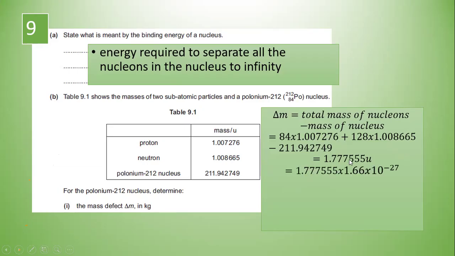This is one atomic mass unit, equals 1.66 times 10 to the power minus 27 kilogram.